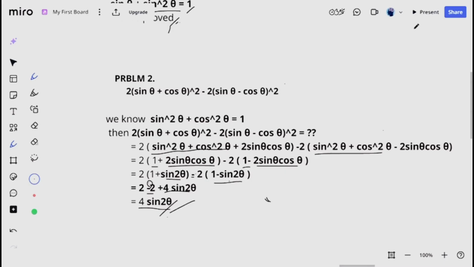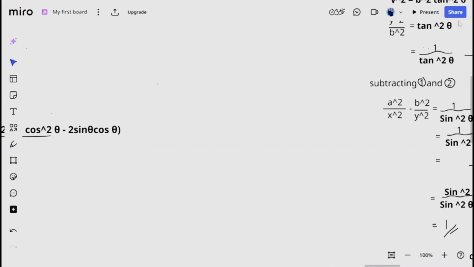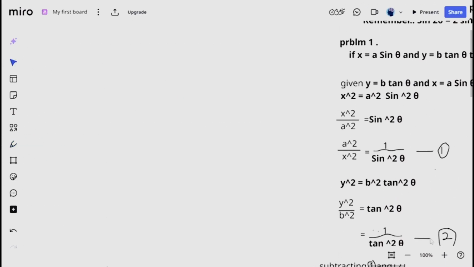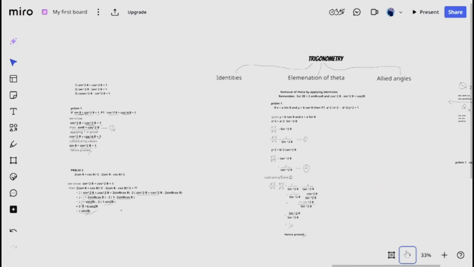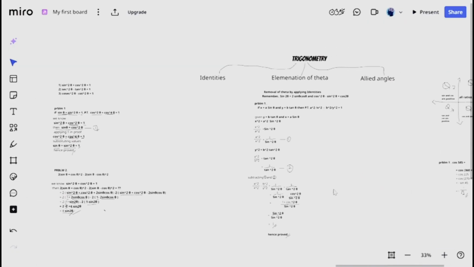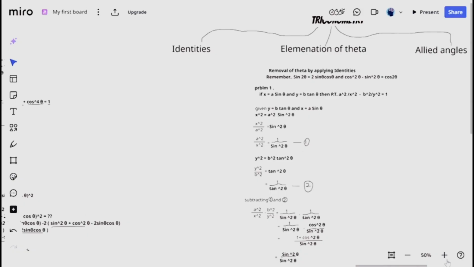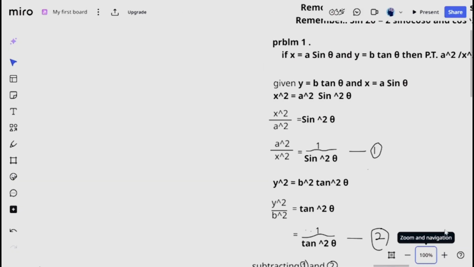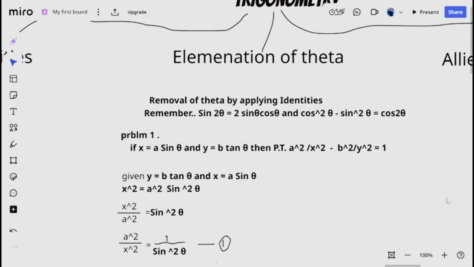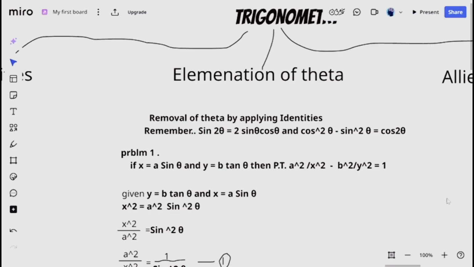Now let's continue with elimination. Okay, let me decrease the size. There you go. I am on elimination of theta. So basically elimination is removal of theta.